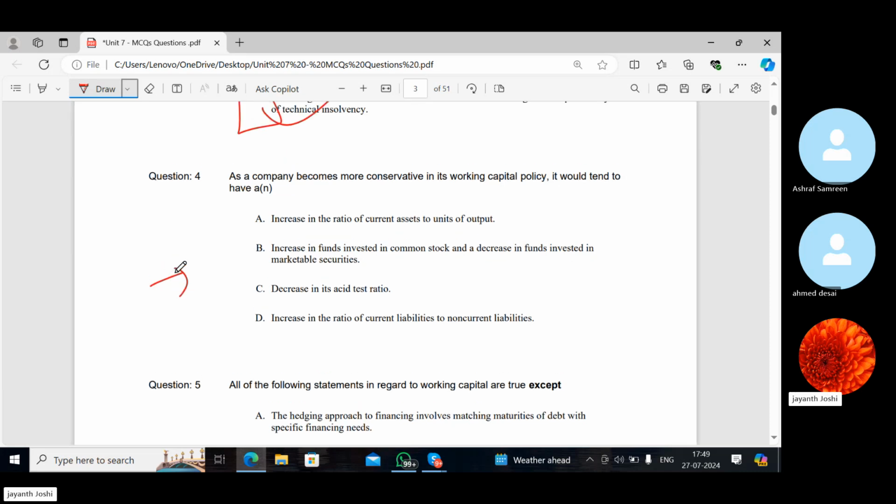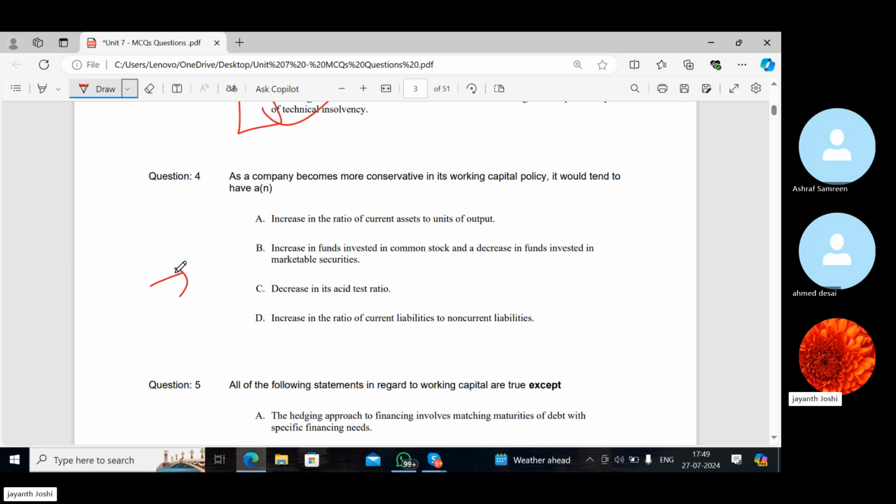In case of conservative working capital policy, a company would tend to have what? Increase in ratio of current assets to units of output. See, conservative working capital policy minimizes liquidity risk by increasing net working capital, that is more current assets and less current liabilities.